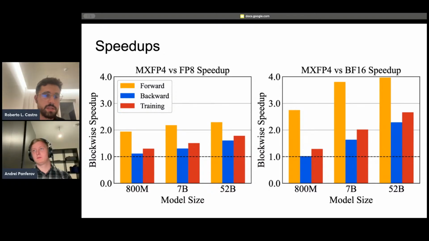We can see that the speed up of the forward pass with respect to FP8 is up to around 2.2, and the backward up to 1.5 or something like that. The difference in performance between the forward pass and the backward pass, as I mentioned, is that we have invested a lot of time on the forward, not so much effort on the backward yet, but we are working on it, and we are going to release the kernels soon and also improve these results.